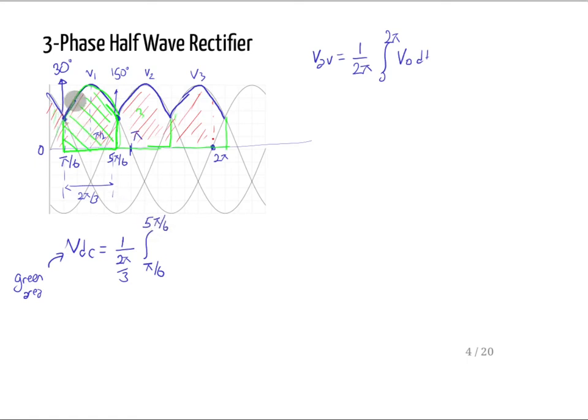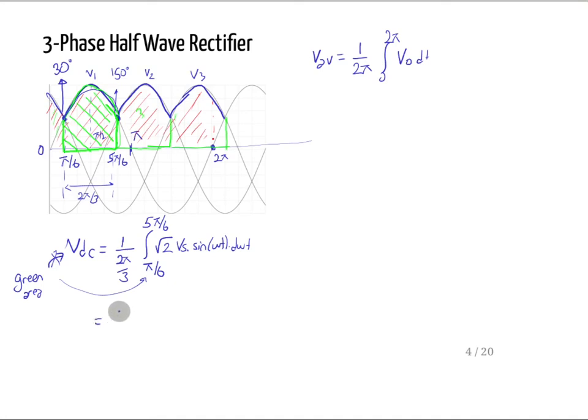I'm trying to get that area, and it is square root 2 Vs times sine ωt d(ωt), right? Maybe you are wondering why I did that. That part is the green area, so I am dividing it by 2π over 3.